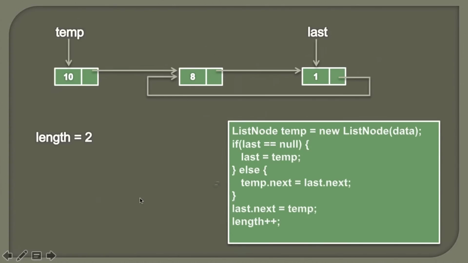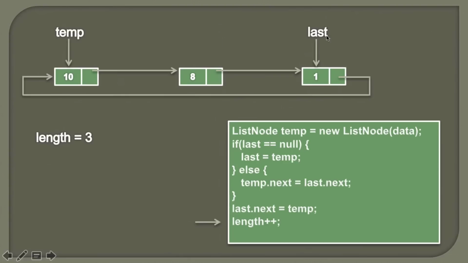Moving ahead, the last step we do is, as we want to insert this temporary node, once this node is inserted, this would become our first node, and we know that a circular singly linked list has the property that the last node's next should point to the first node. Therefore here we are simply assigning the value of temp to last.next. So it would look something like this. And the final step, we are incrementing the length by 1.